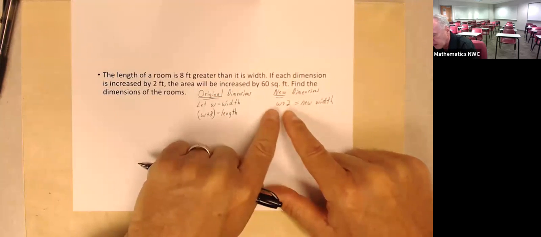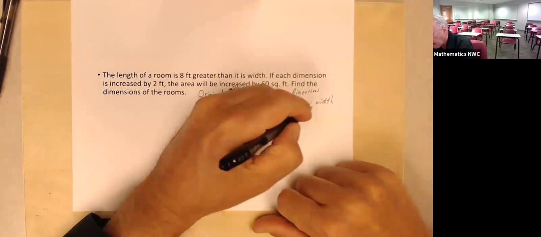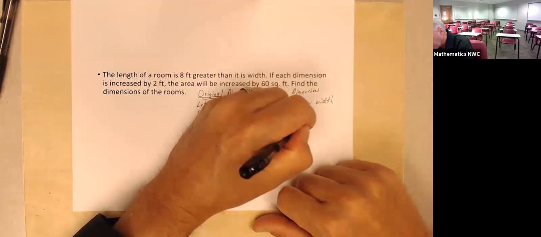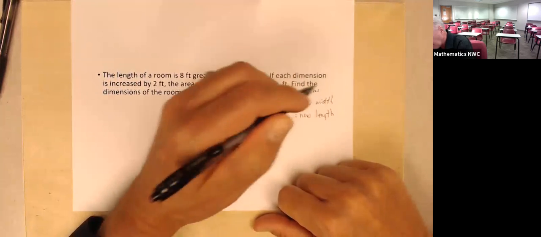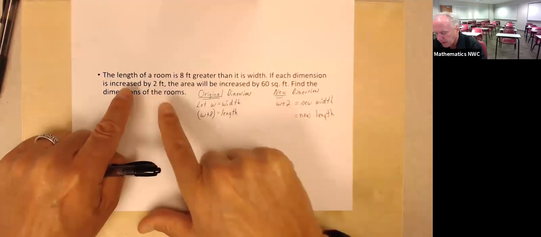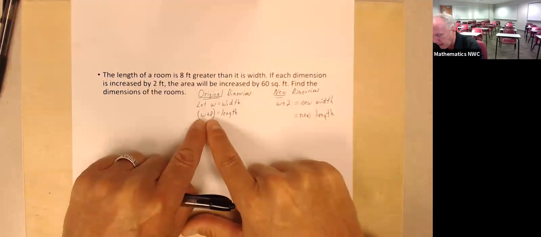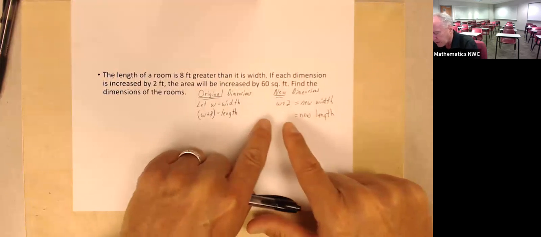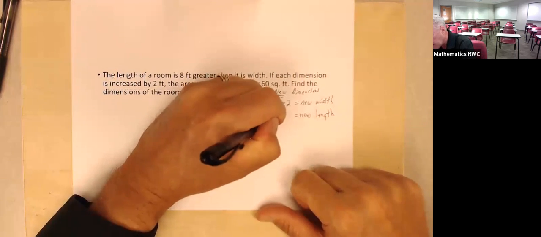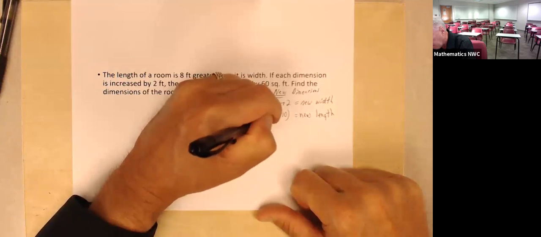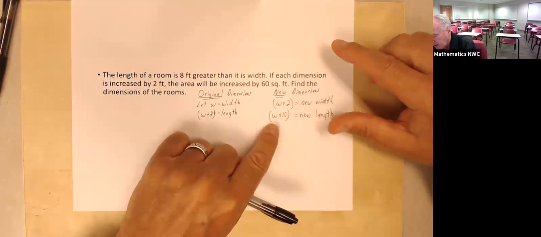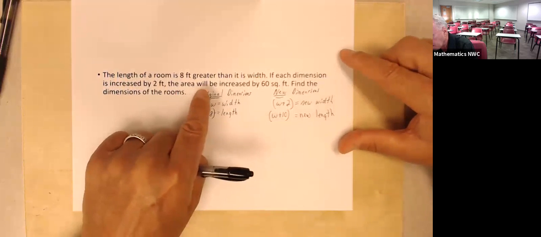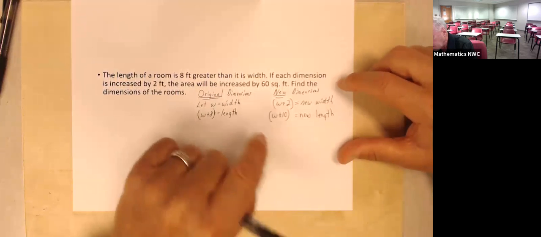And my new length is also going to be increased by 2. It was W plus 8 originally, increased by 2 makes it W plus 10. So those are my new dimensions. And it says this new area will be increased by 60.